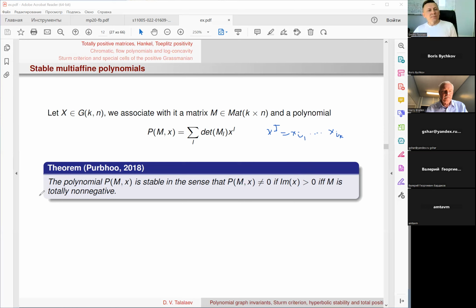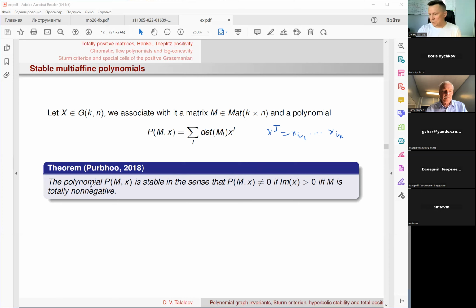And the statement is the following. It's a theorem of Purphu of 28. The polynomial constructed by this form is stable, but in a little bit different sense. So it has no zeros in the upper half plane in each direction of our space of vectors x.